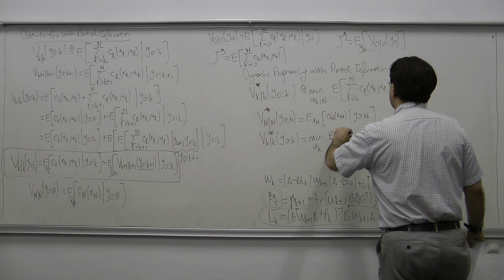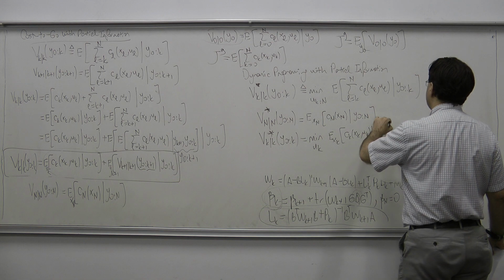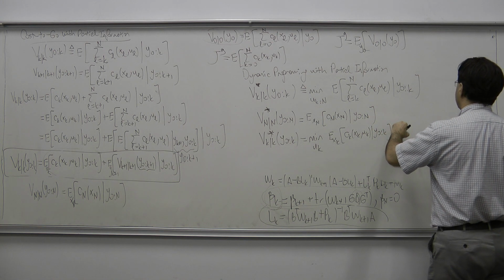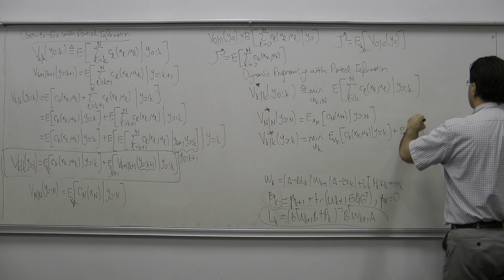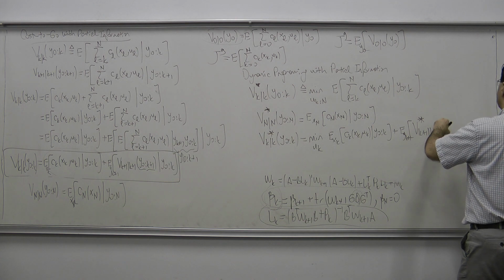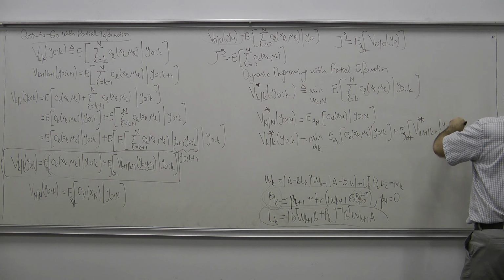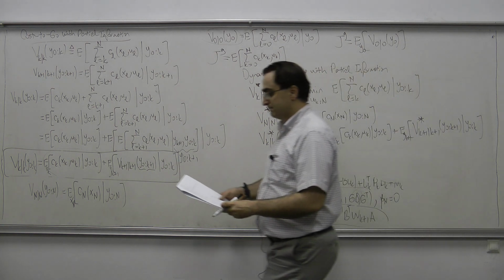So I have Ck(xk, uk) given y0k, plus the expected value with respect to yk plus 1 of V k plus 1 given k plus 1 star of y0k plus 1, given the condition y0k.